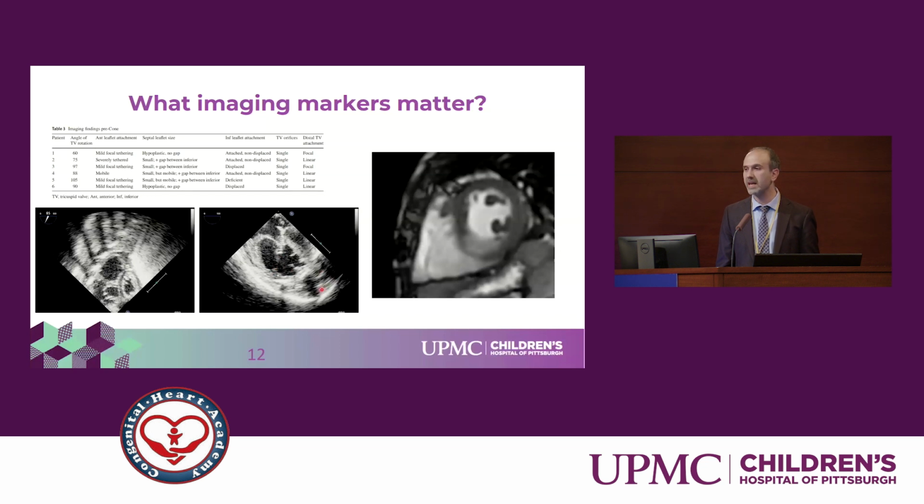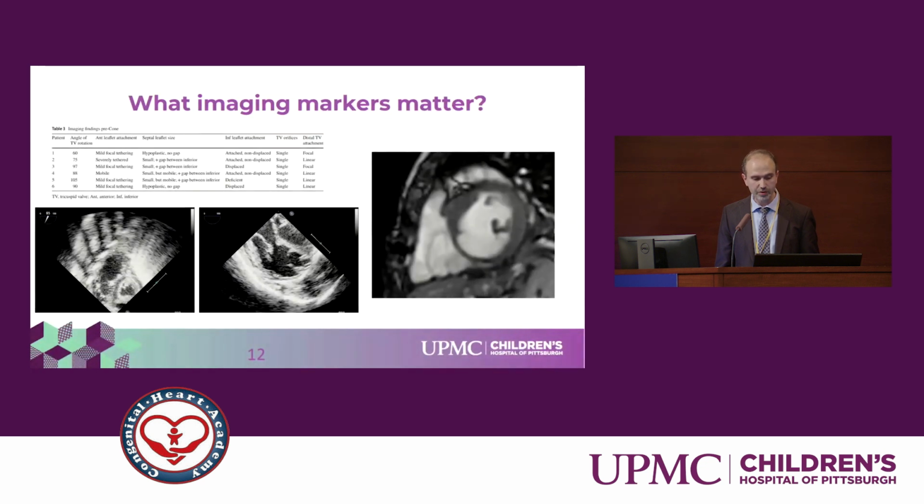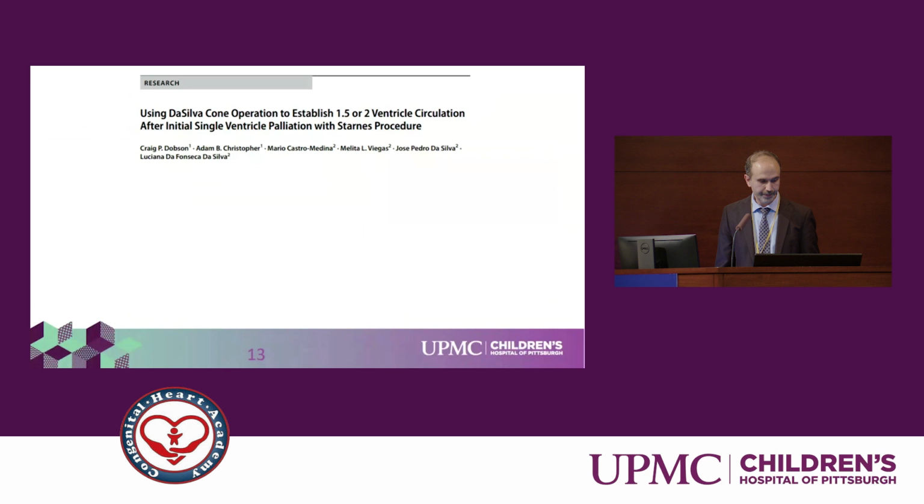And we sometimes can use cardiac MRI to determine these characteristics. So to summarize that paper, you see the TEE here, you see the tethering of the anterior leaflet of the tricuspid valve. And you see the cardiac MRI, and you see how there are some focal attachments of these tricuspid valve leaflets.